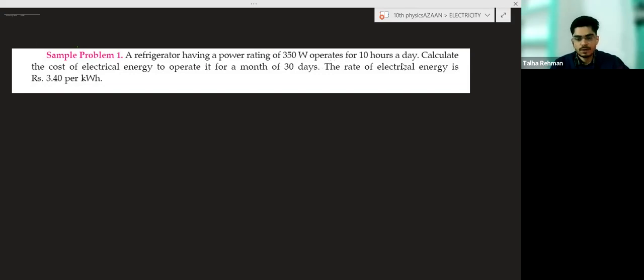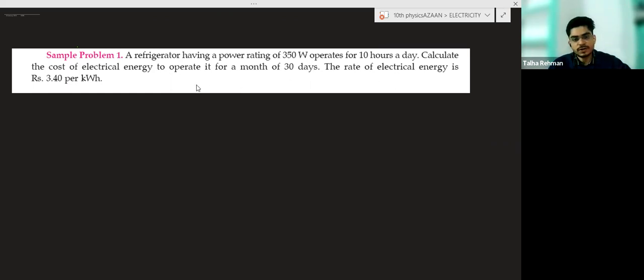They are saying calculate the cost of electrical energy to operate it for a month of 30 days. Means in 1 month of 30 days, what will be the cost of electric energy?